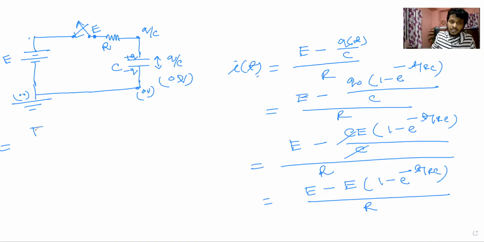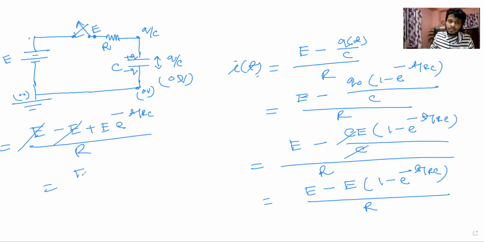So we can write it as E by R, and now we can multiply this term with E. It would be E by R multiplied by e to the power minus t by RC. This is the value of I(t) at time t, right?